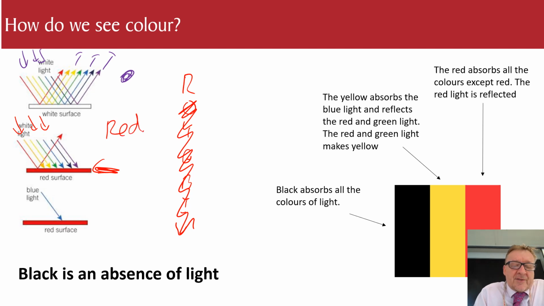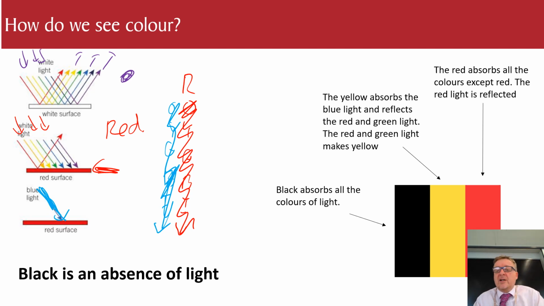If you've got a red surface and this time you shine blue light onto it, the red surface absorbs orange, yellow, green, blue, indigo, violet. It absorbs the blue, and therefore there is no colour reflected at all. Now this diagram on the right-hand side, the reason we see that as yellow is because Richard of York gave battle in vain.